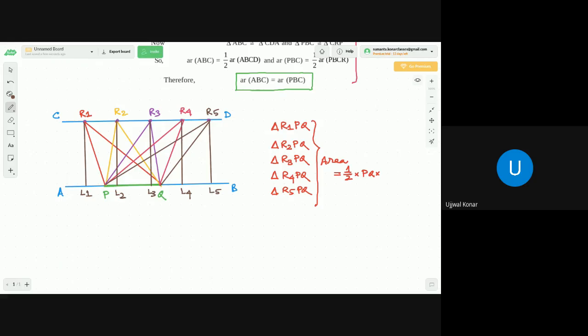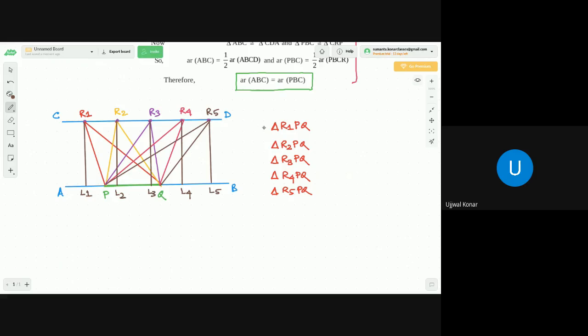Now, if you find the area of the triangle R1PQ, it is half into PQ into R1L1. Correct or not? Clear or not clear? Yes, sir. So, if I write in a more elaborative manner, what I wanted to explain is that let us find their areas.